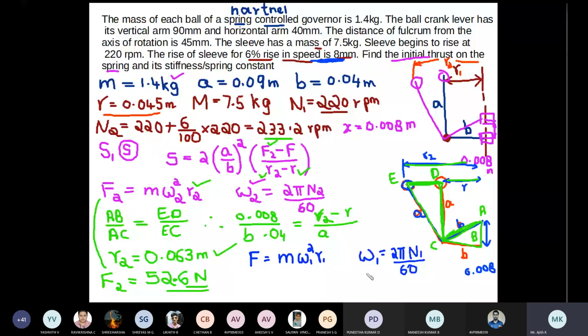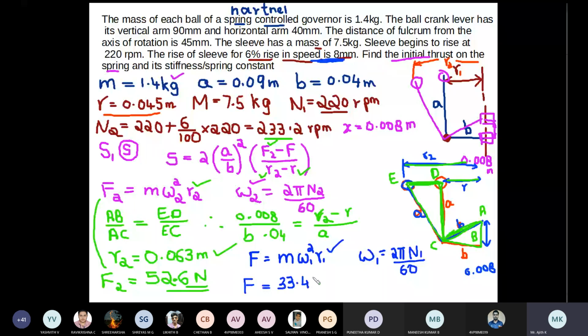So find out omega 1 value, substitute it in F equation. We'll write the final answer. You will get F value 33.43 Newton.